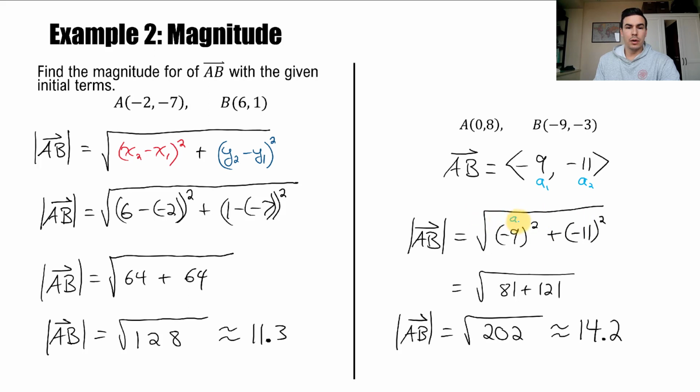So I don't have to recalculate x2 minus x1 and y2 minus y1, because I already did that. I'm going to get the same answers here. I'm going to get -9 squared and -11 squared if I plug that directly in. Okay, so just keep that in mind. Hopefully you got square root of 202.